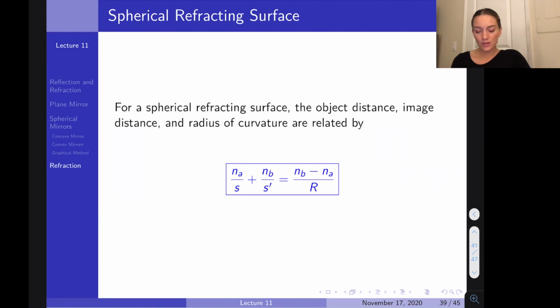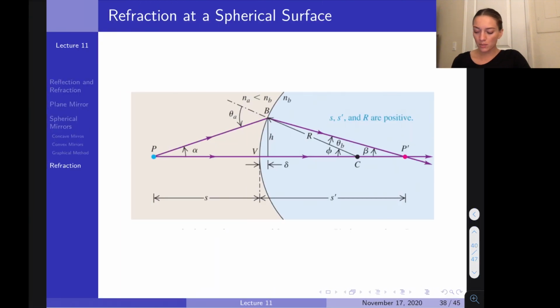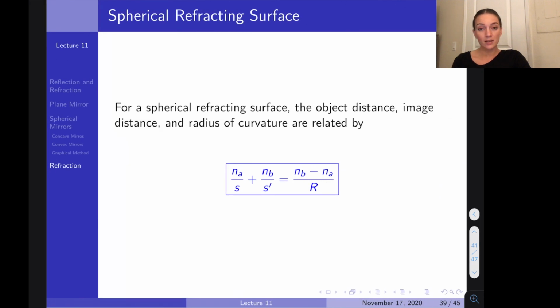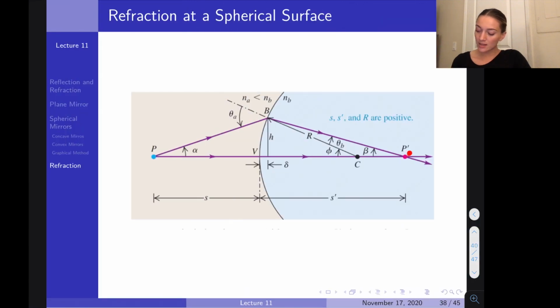So here our radius of curvature is positive now, because you can see the outgoing rays hit this interface and then go out on this side, right? Our center of curvature is on the same side as the outgoing rays, so R is positive, whereas previously it was negative when we had the mirrors. And in this case also, s prime is now positive because it's on the same side as the outgoing rays.